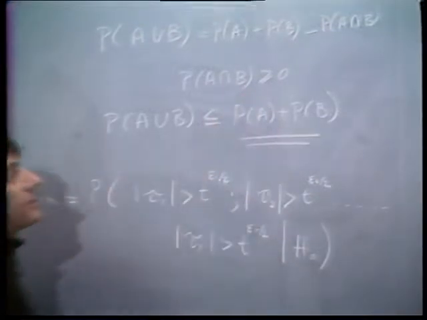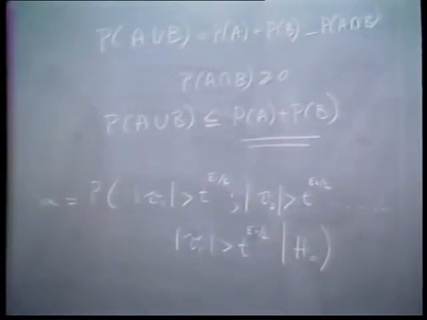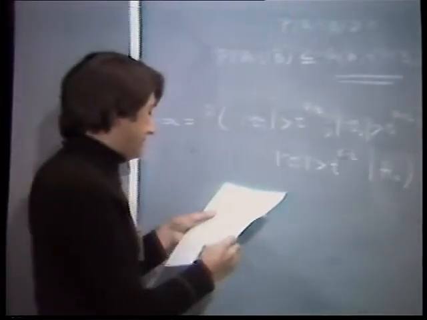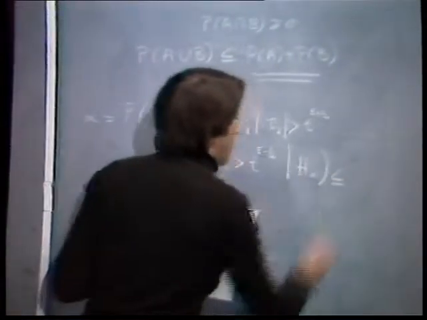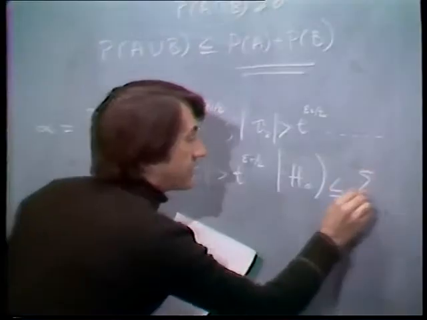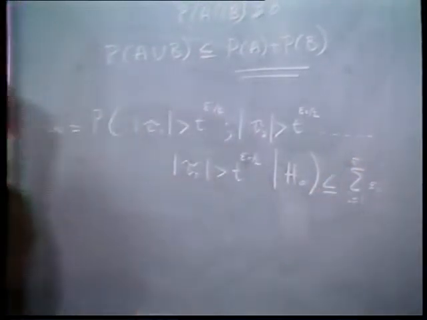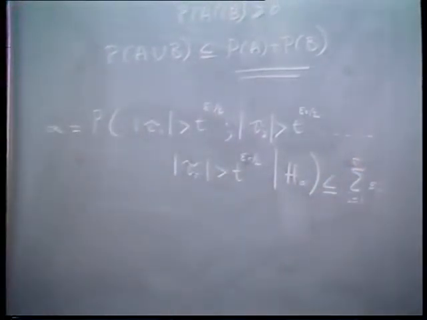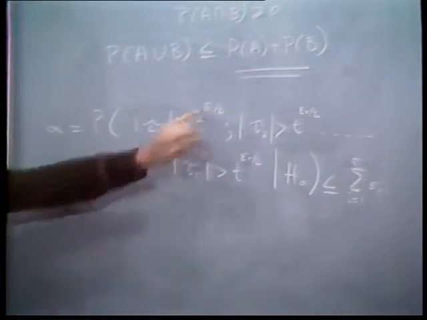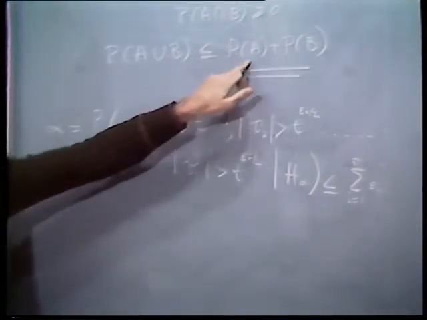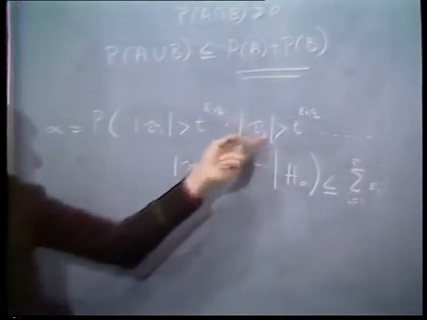And using this relationship, the probability of the disjunction, we can say that that will be less than or equal to the sum, i is 1 to r, of the epsilon i's, where these epsilon i's are in fact the probabilities of type 1 error on each of the separate tests.